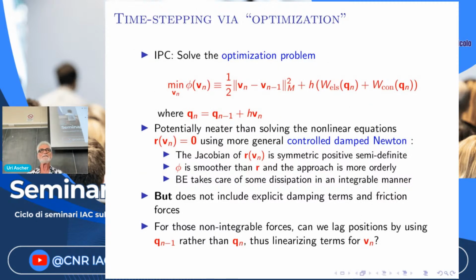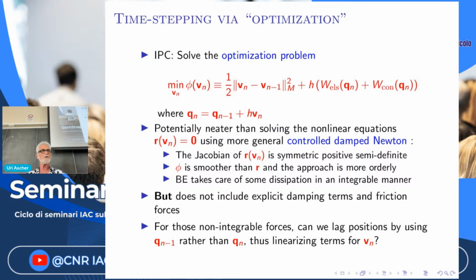But there's a but. The but is that not all forces look integrable. So how about friction a la Rayleigh? That is not integrable. Worse, there are also friction forces. So this is what we concentrated on, friction forces. And for them, Lee and co-authors said, let's just take Qn minus 1 rather than Qn in, for example, d of Qn minus 1 times Vn, and so suddenly it is linear in Vn.